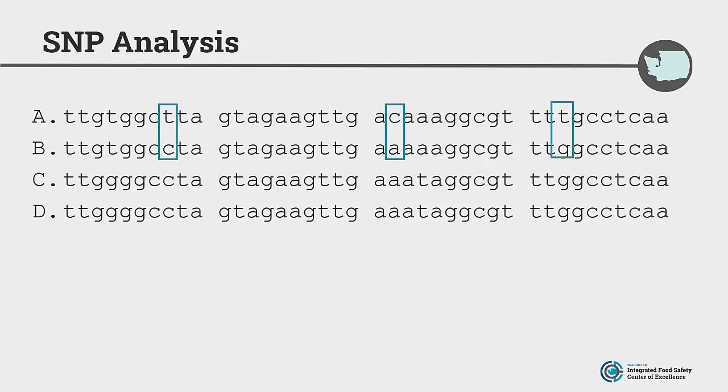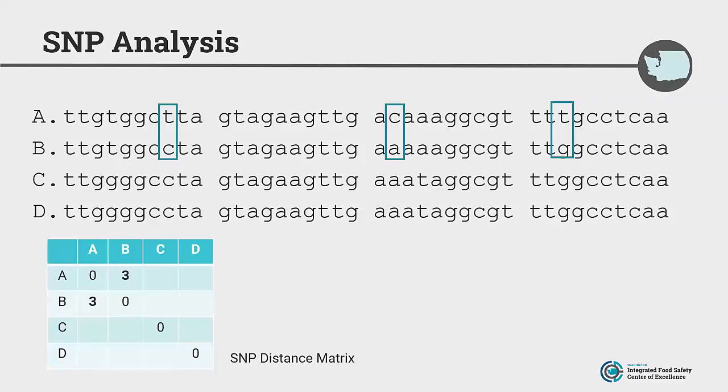So we're going to start by looking at sequences A and B. And if you scan through those sequences, you'll find that there are 3 positions or bases where those sequences are different. So if you've seen distance matrices from your lab, this is how those can actually be calculated.